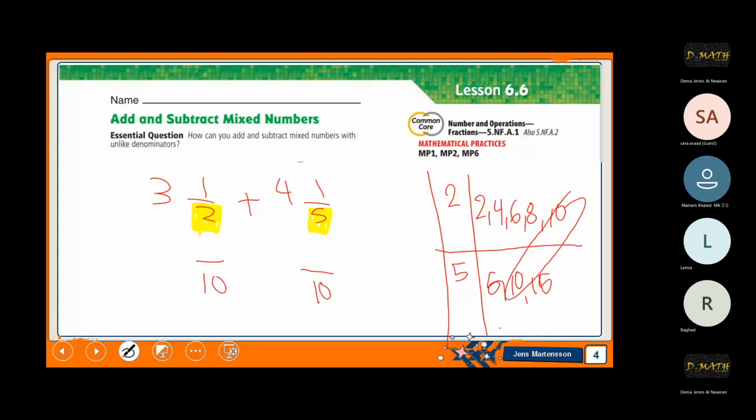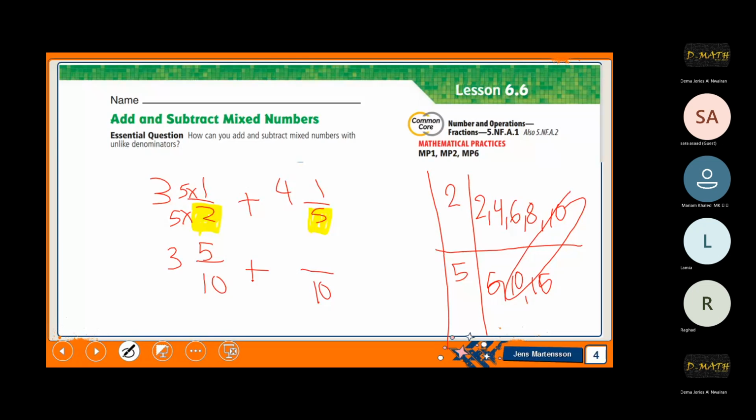Now, what is the number that I multiply by 2 to get 10? 5. I multiply up by 5 and 3 by 5. Then 2 times 5 is 10. 1 times 5, 5. The second one: and keep the 3 here, plus 5.